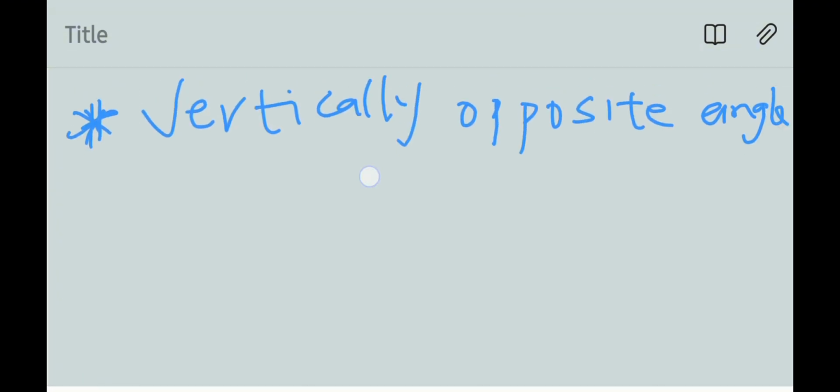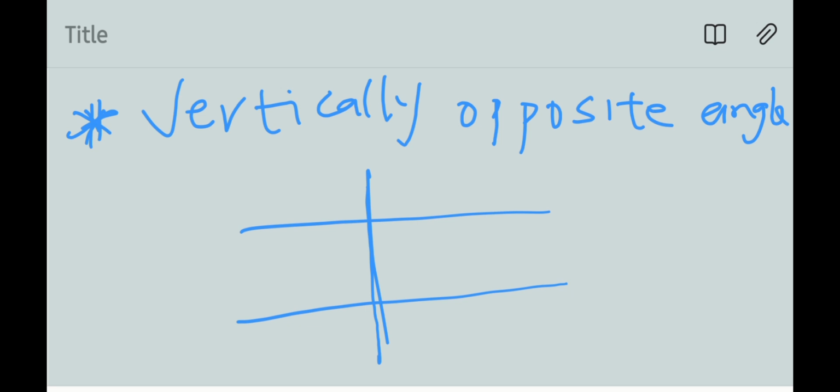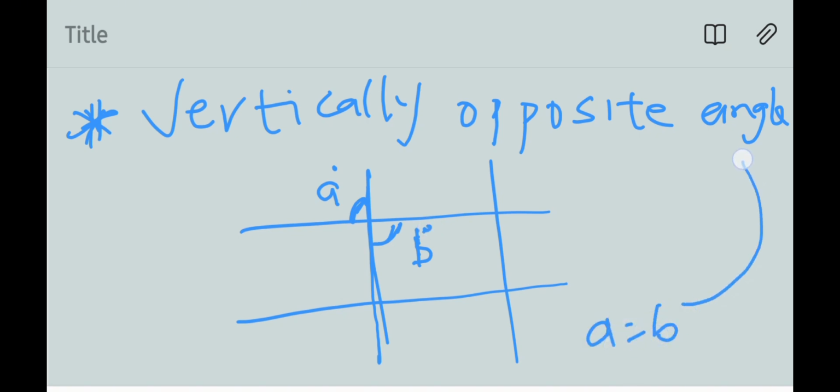With the name vertically opposite, you already know that a vertical line is going to be in place. So something like this, if I have something like this here and here, just take note of where the angles are placed. If this is angle A and this is angle B, then A and B are said to be vertically opposite, and in that case they are going to have the same numerical value.